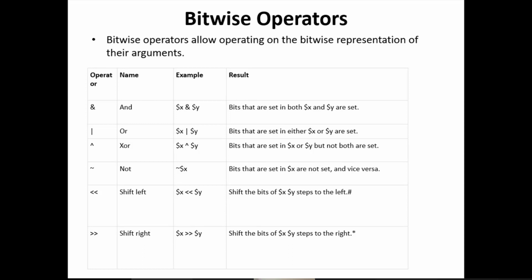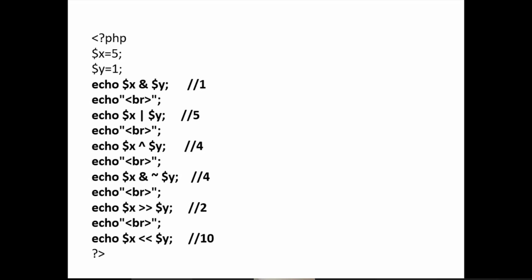So this is a program which demonstrates the use of bitwise operators in PHP, where we have two variables, x equals 5 and y is assigned 1. Using echo with $x AND $y, the output is 1. If we use OR, we have the output as 5. This shows the use of bitwise operators in this program.